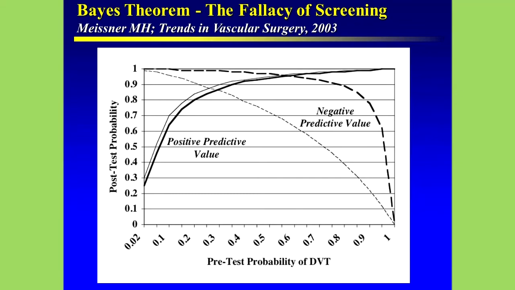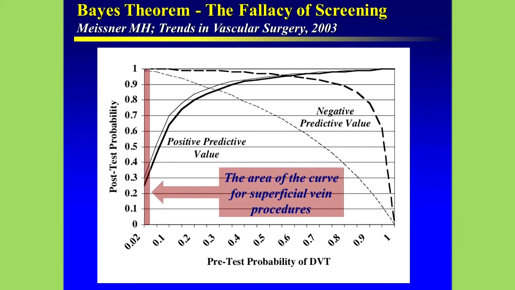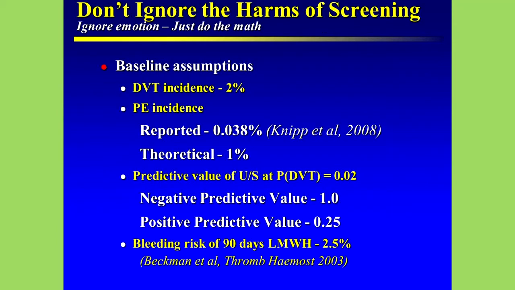When we get down to talking about EHIT, again, we're talking at an incidence of EHIT of less than 1%, and we're operating down in this area of the curve where the positive and negative predictive values of ultrasound are really very low. And what I'm getting at is some of the harms of screening.